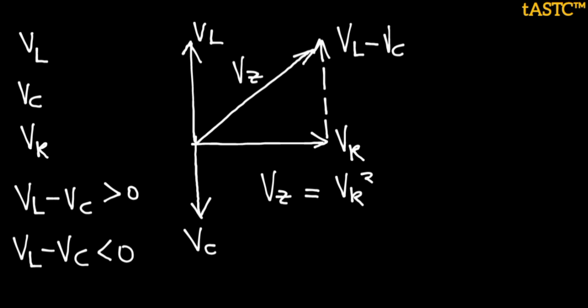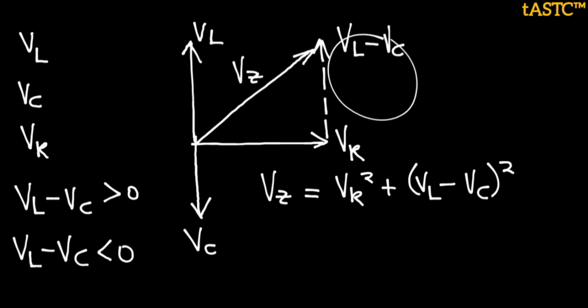So that is what we're going to have. Now this plus V sub L minus V sub C, raised to the power of 2. We know that this is going to be the resultant.